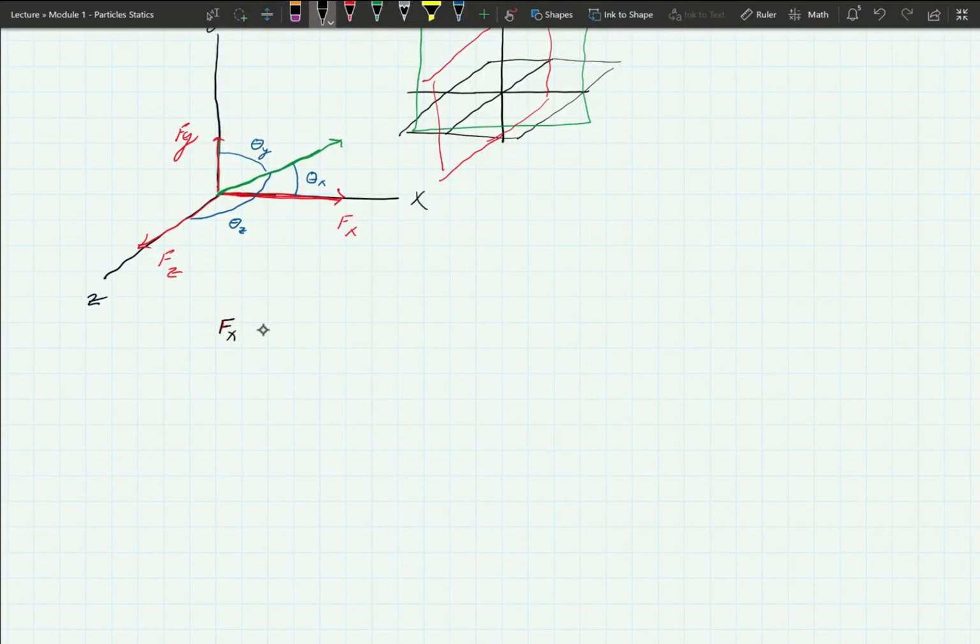So basically we take a look at this. F, which by the way is that green vector. F of x is equal to F cosine theta x. F of y is equal to F cosine theta y. And F of z is equal to F cosine theta z.